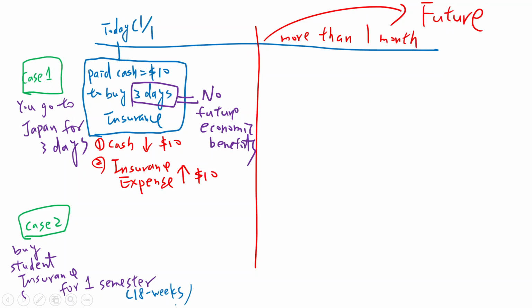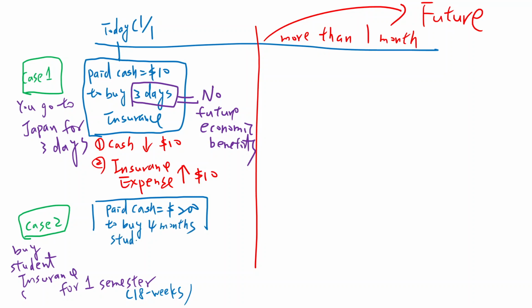Okay? So, what happened? Maybe you pay cash, $200, to buy maybe 4 months of student insurance.